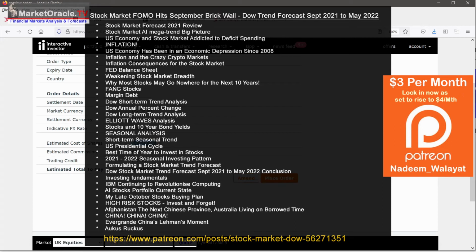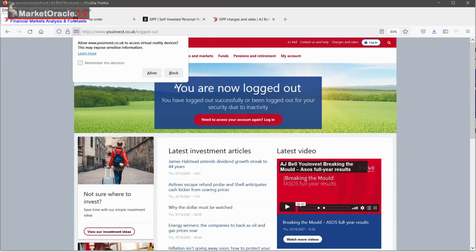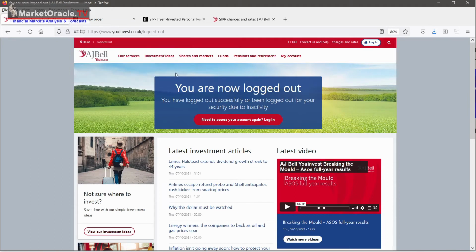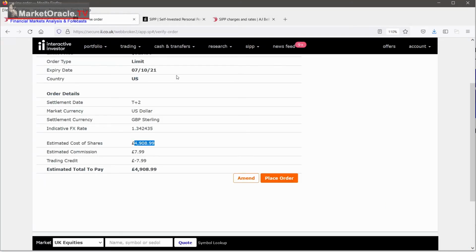Just set a lower limit order to wipe it out. If you're stuck with AJ Bell, then use the US stocks listed on London. But II is definitely by far the better platform to buy US stocks with overall.